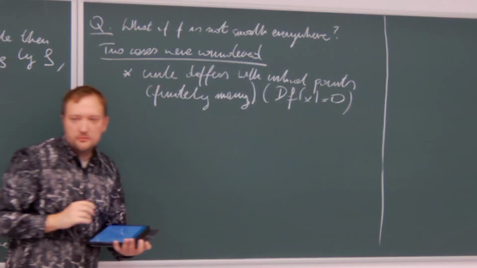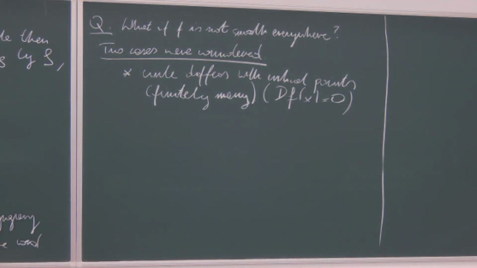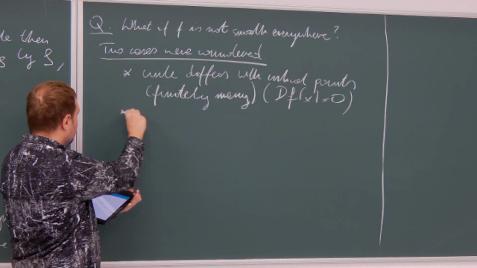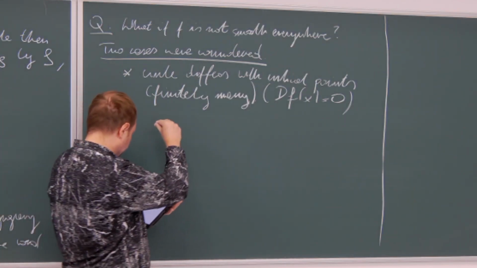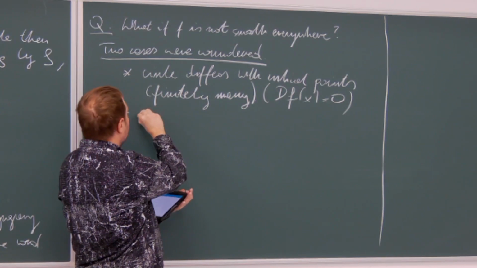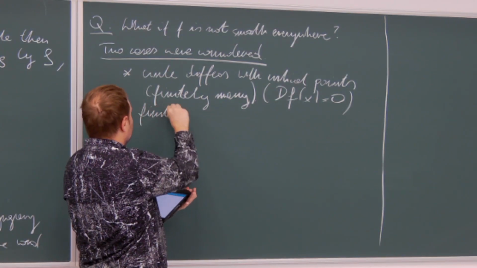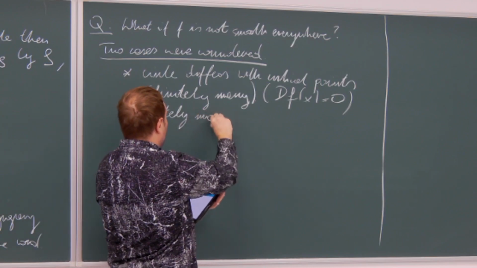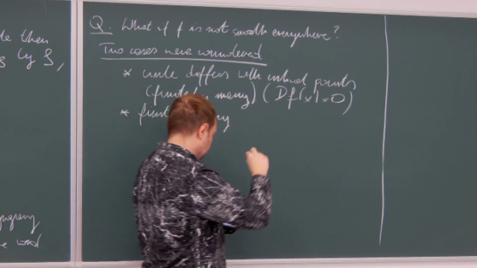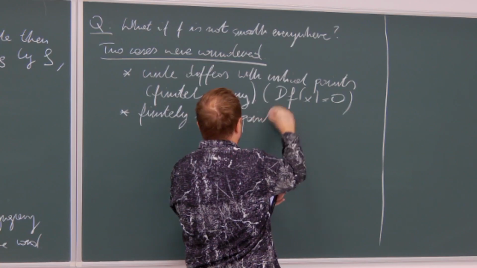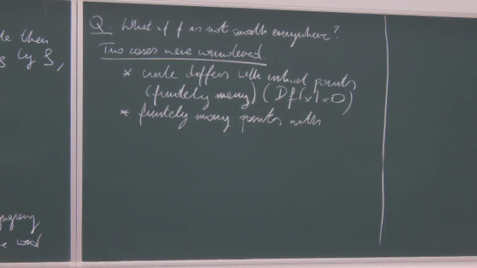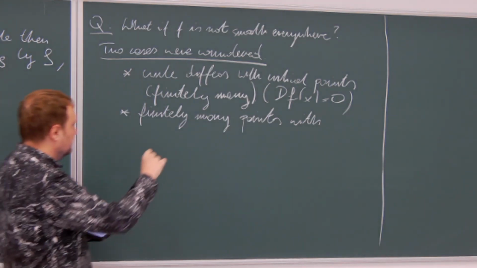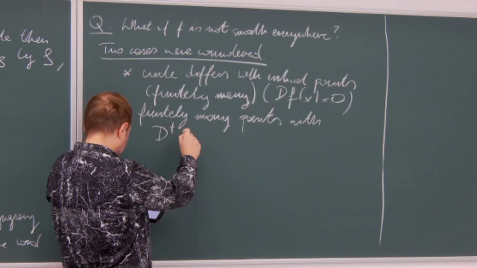Okay, and the case which we will consider now is that the diffeo is simply not differentiable, meaning that we have finitely many points where we assume that the left-hand side and right-hand side derivatives exist, but they are not equal.